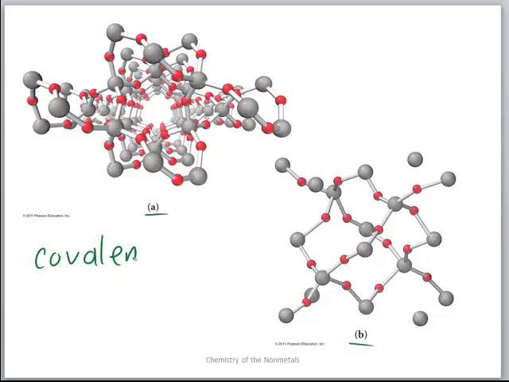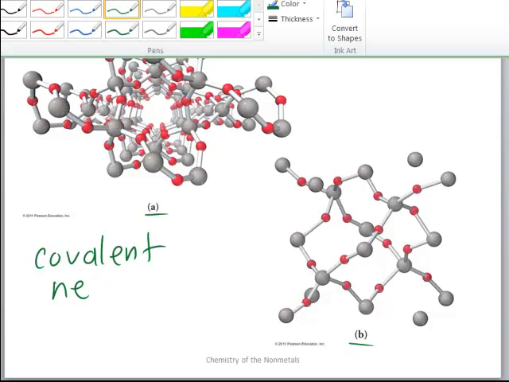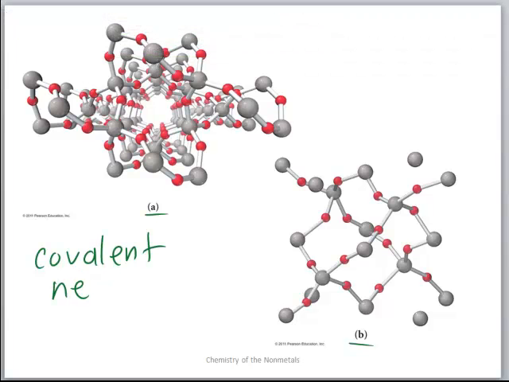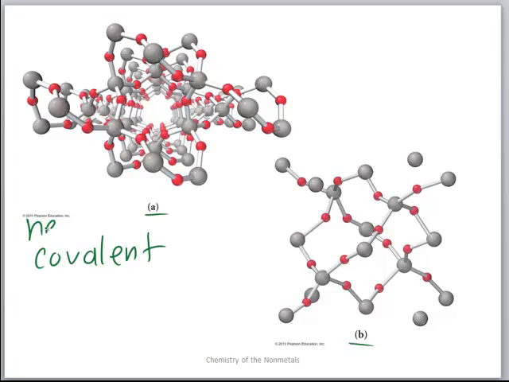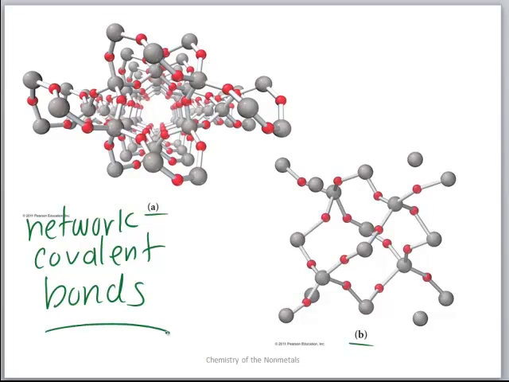It can form network covalent bonds, and this causes the melting point of these structures to be very high. If you want to go to the liquid phase, you have to break multiple covalent bonds for this to liquefy. So these structures have very high melting points.